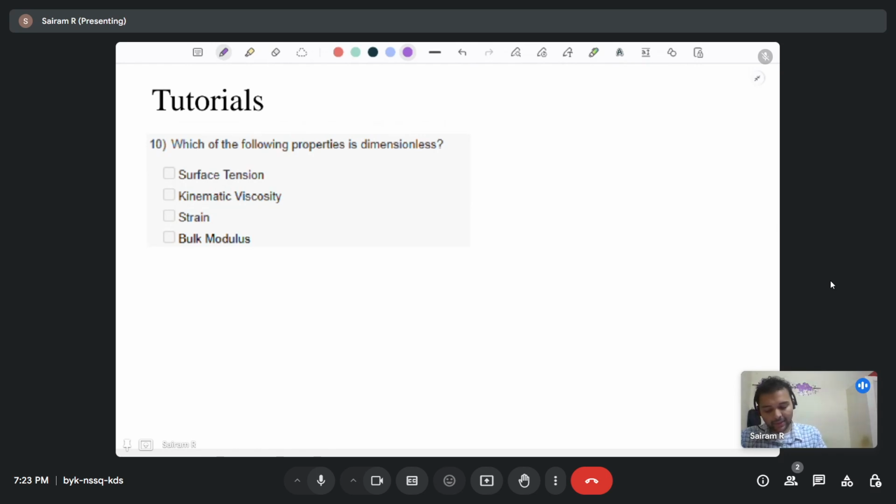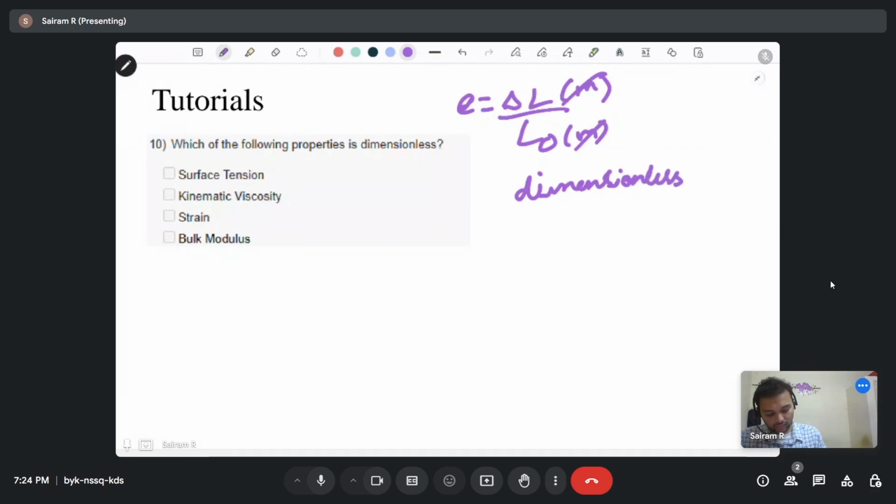So the only thing which is dimensionless, because as we know it, strain is change in length by L naught, and if we take the units of it, this will be meter, this will be meter. When meter gets cancelled, we have a dimensionless quantity. So the answer for this is strain.